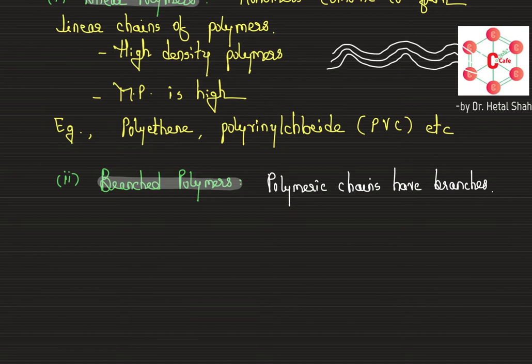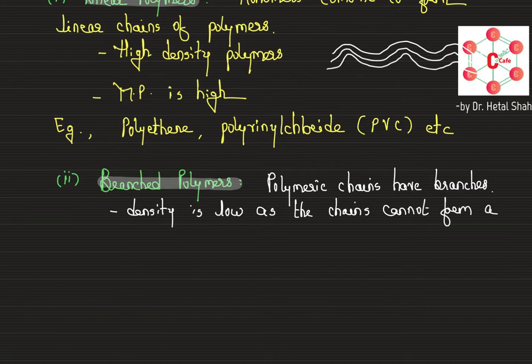And you have to know that because of these branches, their density is low, as the chains cannot form a close packed structure.